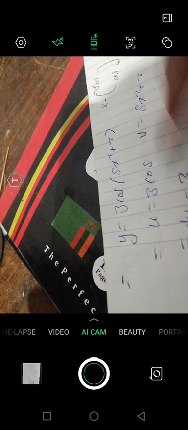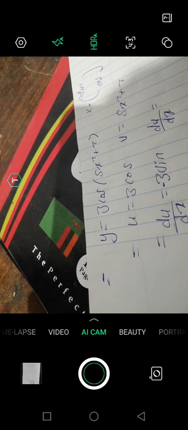Then du over dx, we find the derivative of this one, it is 3, right? 3 what? Cos changes to sine, which is negative sine. So negative 3 sine, right? What about dv over dx? We find the derivative of this one.